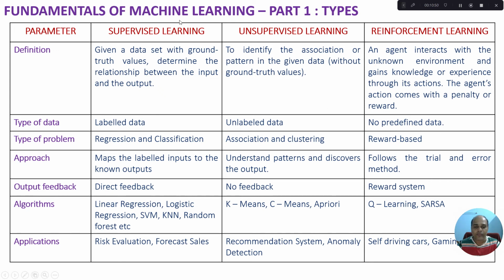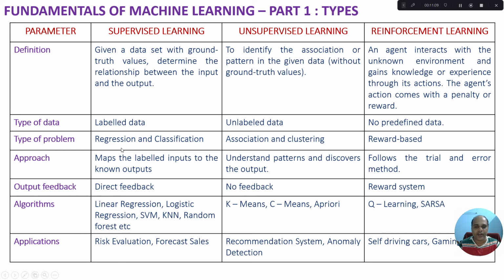What type of problem can be solved by using supervised learning? Regression and classification. Classification is categorizing. Regression is predicting a value, something like the price of houses in a particular area.